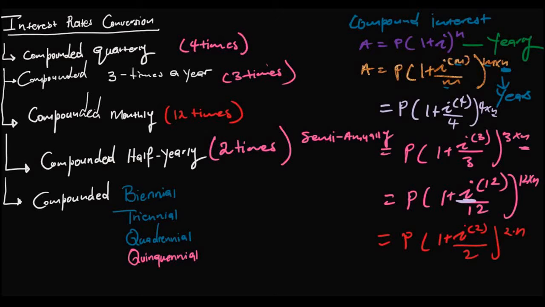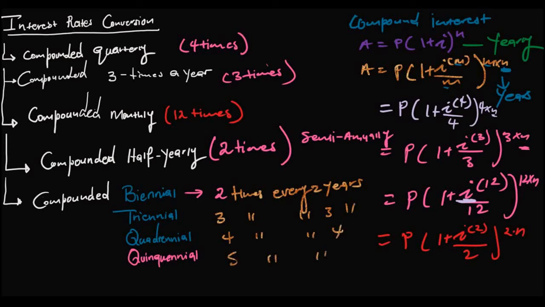Now let's come to biennial. Biennial is 2 times every 2 years, or I can just say once every 2 years, just like triennial is 3 times every 3 years, quadrennial is 4 times every 4 years, and quinquennial is 5 times every 5 years.